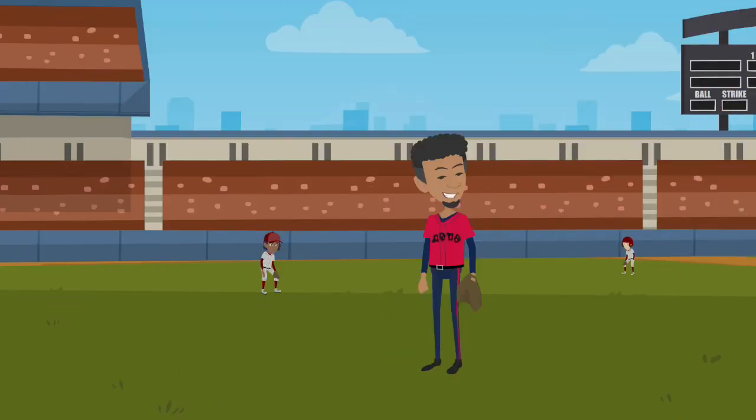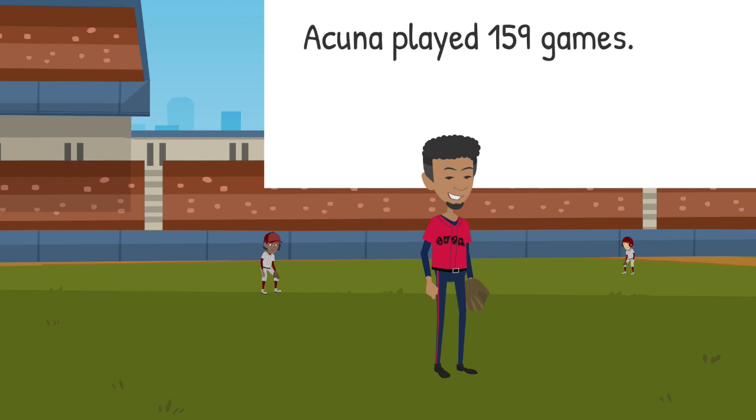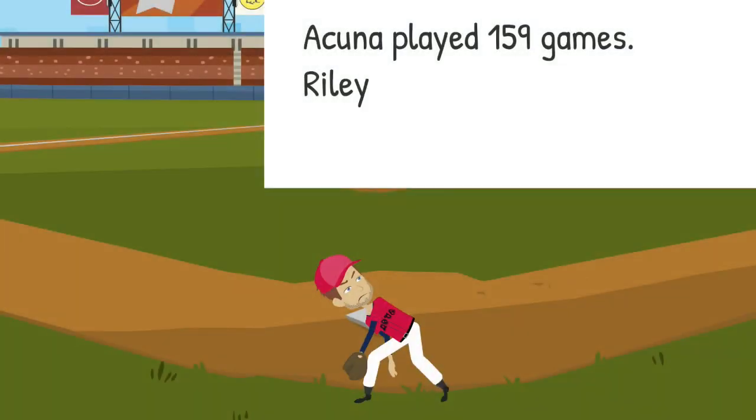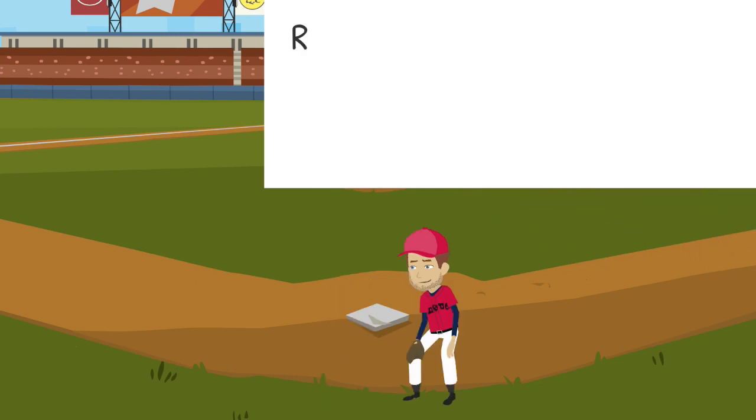The Atlanta Braves right field player Acuna played 159 games in the 2023 regular season. Third baseman Riley played 159 games during the same season. Who played more games? Riley had 117 runs during the 2023 regular season.